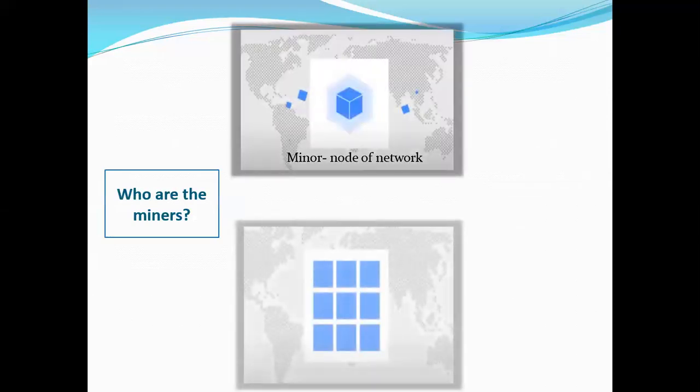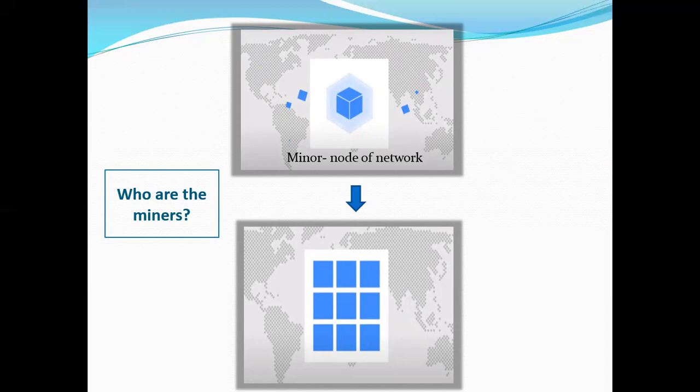A miner is a node in the network that collects transactions and organizes them into blocks. Whenever transactions are made, all network nodes receive them and verify their validity. Then miner nodes gather these transactions from the memory pool and begin assembling them into a block.